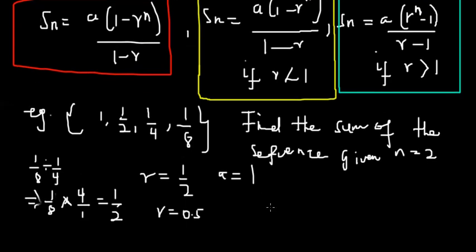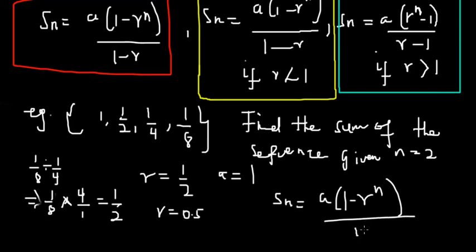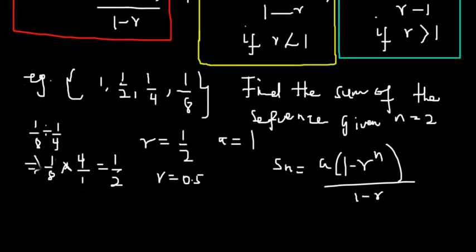So we have Sn equal to a times (1 minus r to the power n), divided by 1 minus r. We are taking n to be 2.